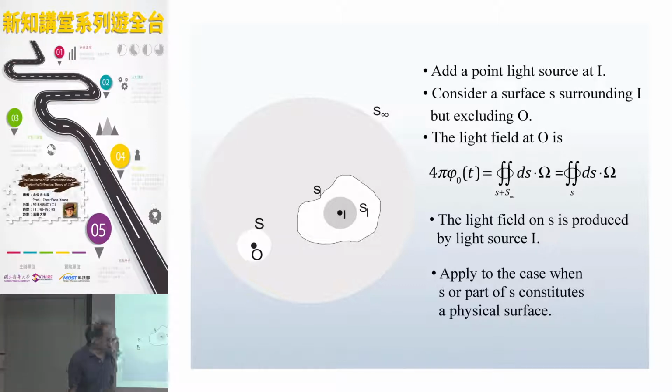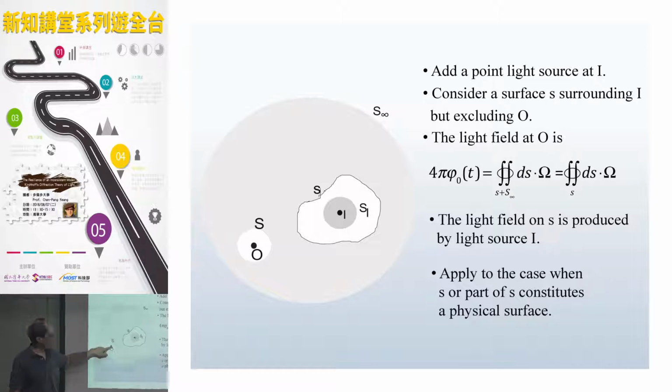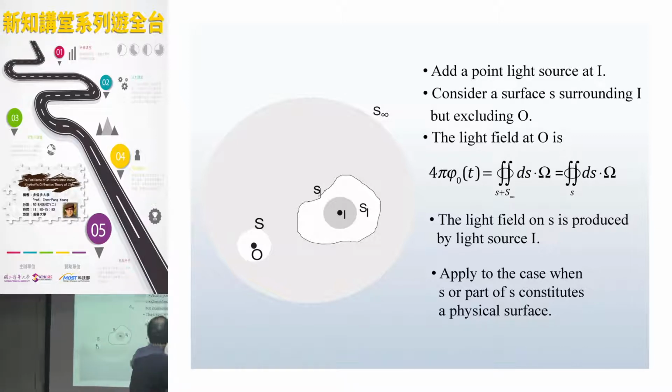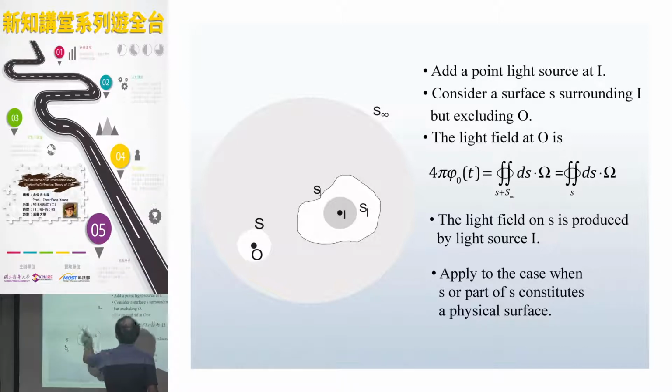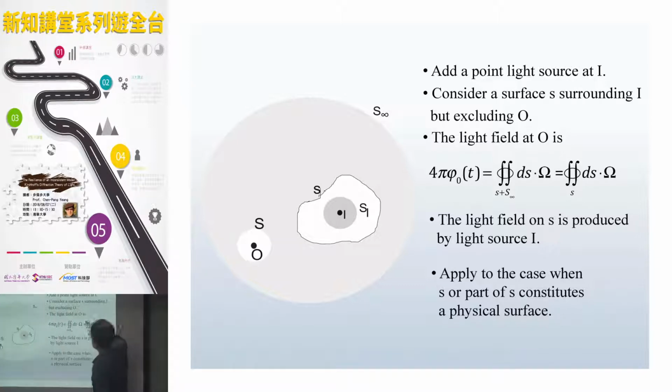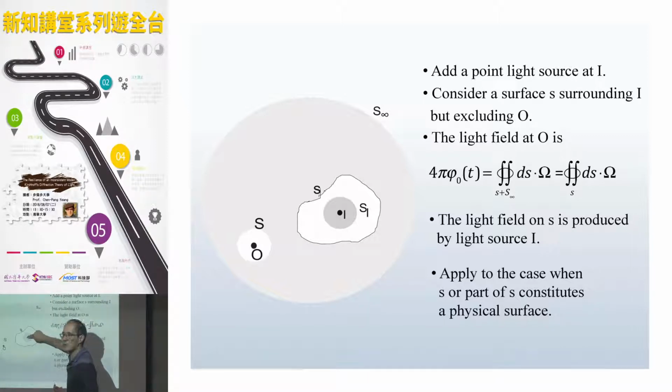So if we consider all this, we can get a similar result, which is to express the field at the point of observation in terms of the surface integral over S. And the only difference is that in this integral, the contribution from any point on the surface actually comes from the light intensity from the point source I inside the surface S.